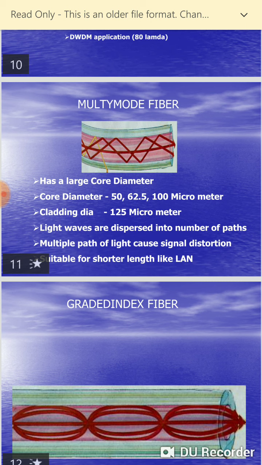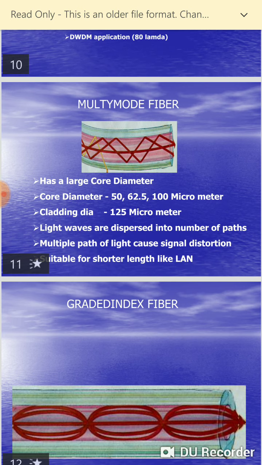So multimode fibers can be used for short distance transmission because they produce more dispersion, so they cannot be used for long distance transmission. So these are two types, single mode step index fiber and multimode step index fiber.